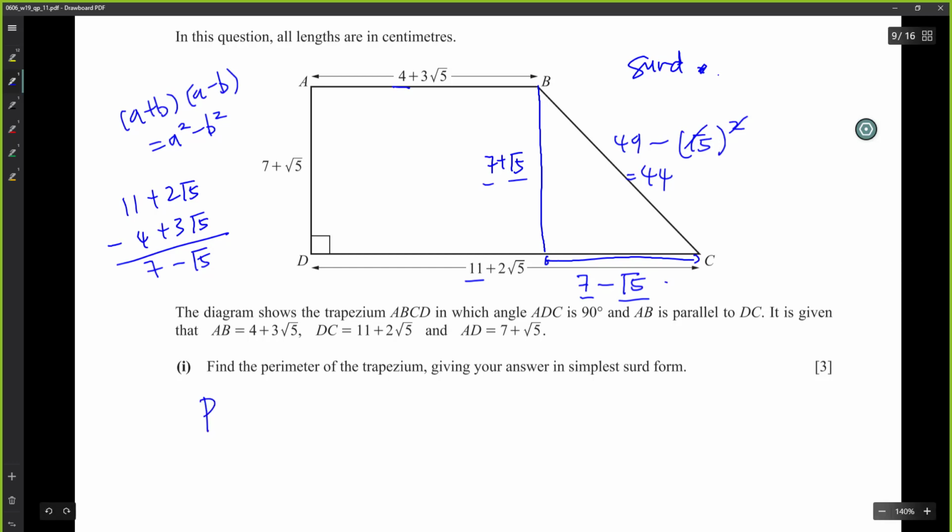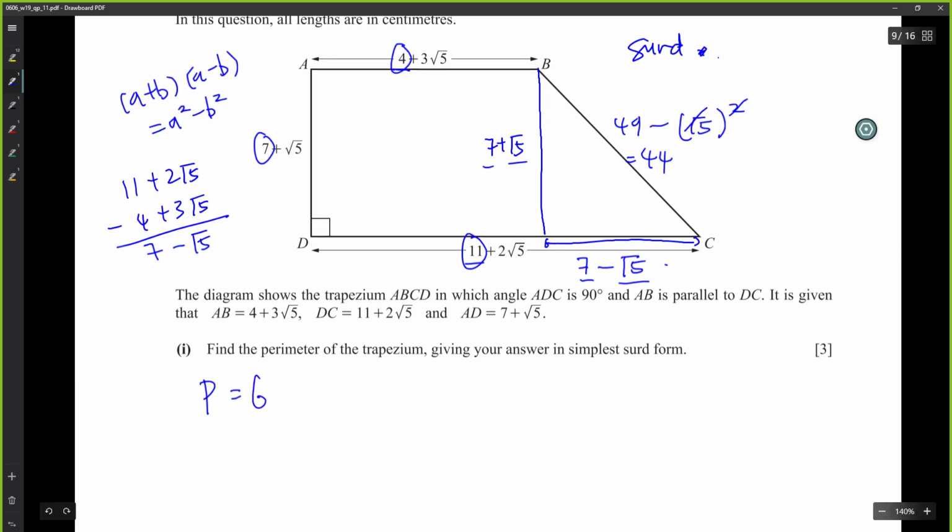Okay, perimeter equals, plus one by one. I add the numbers first. 7 plus 4 plus 11. This is 11 plus 11, which is 22. 22 plus 44, I get 66. So I got all the numbers solved already. Then I do the surd part. 3 root 5, 4 root 5, 6 root 5 plus 6 root 5.